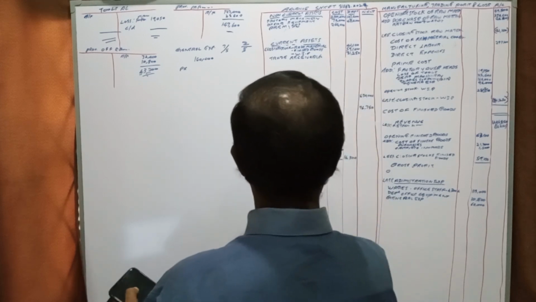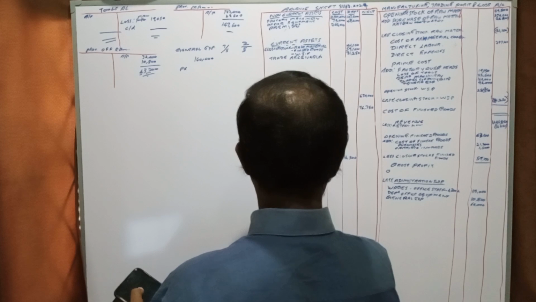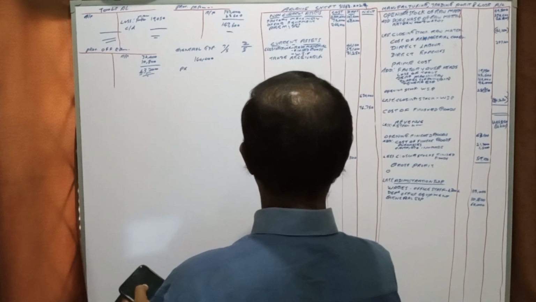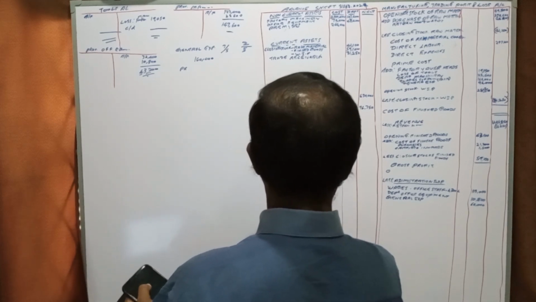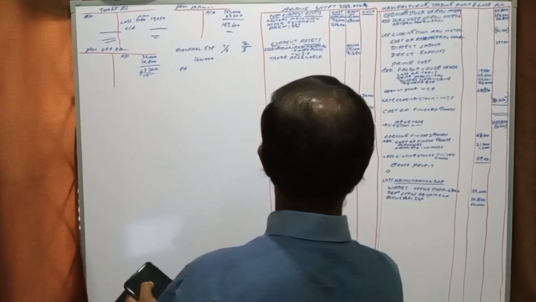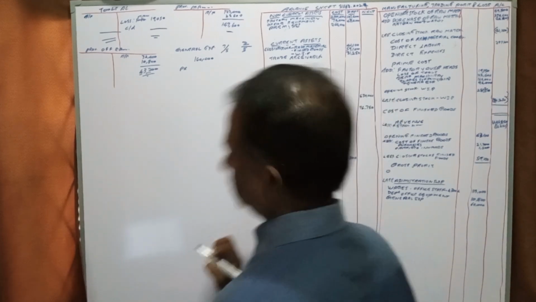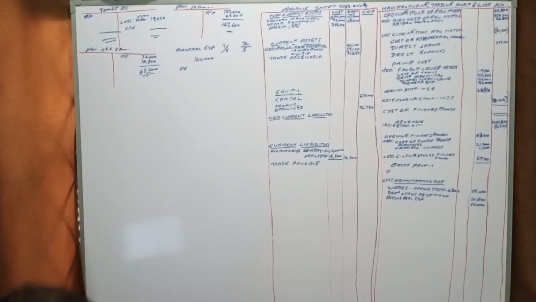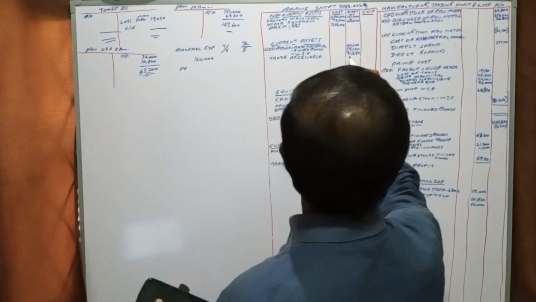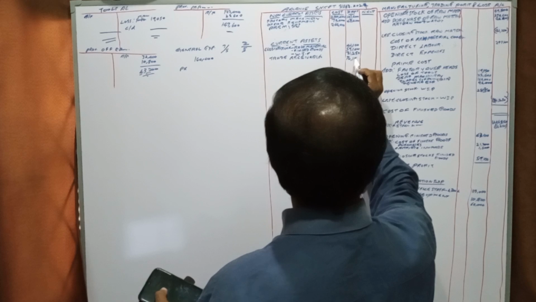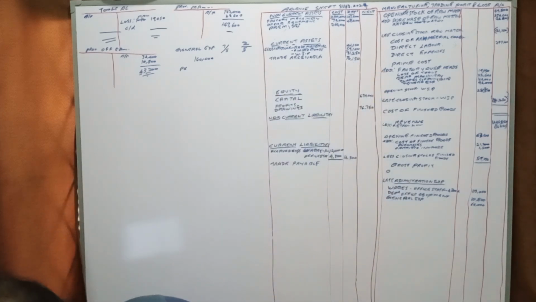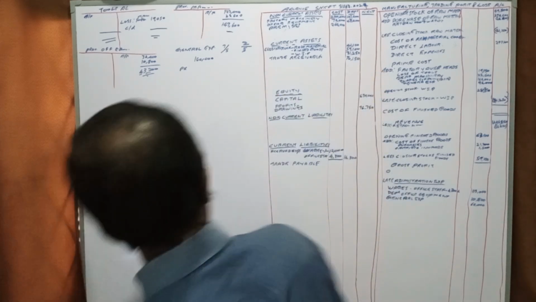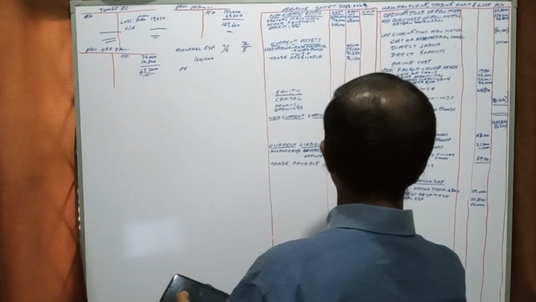Trade receivable, trade payable. Trade receivables 76,150, right? Trade payables 41,500.